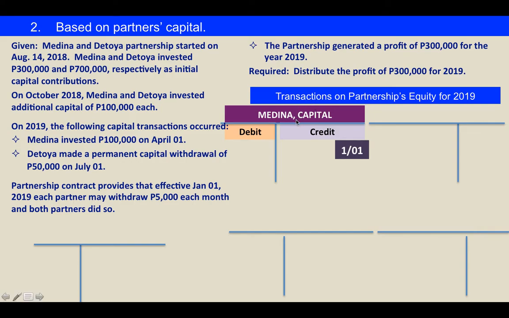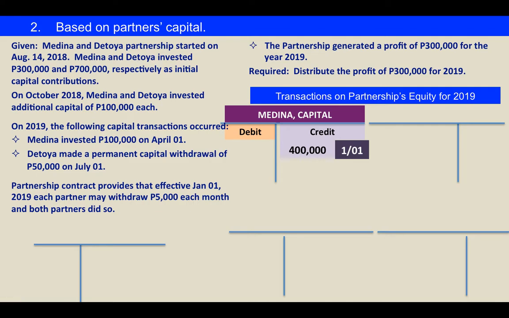So Medina's capital, this is 2019. So on January 1st, how much is Medina's capital? So if we are going to look back on what we're given, 2018, 300,000. However, there's an additional of 100,000. So for January 1st of 2019, Medina has 400,000.